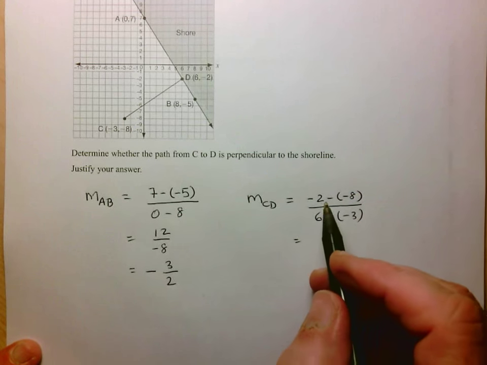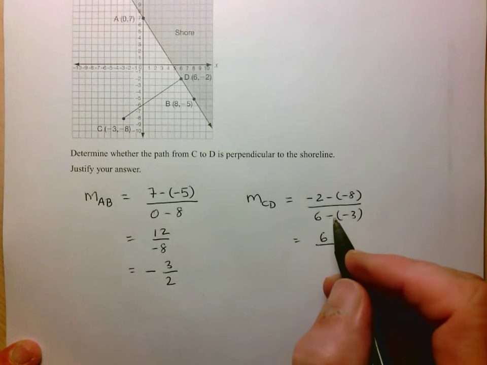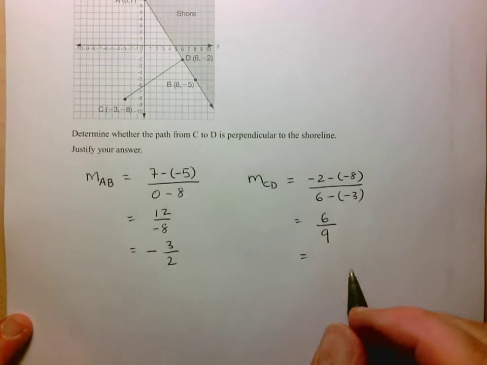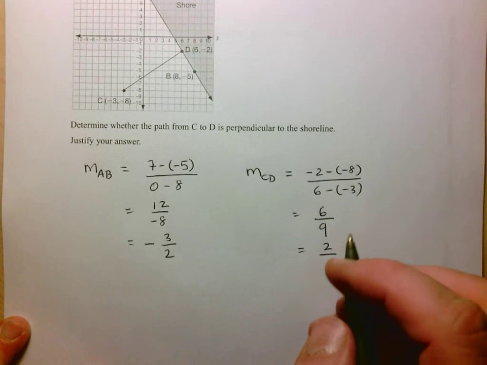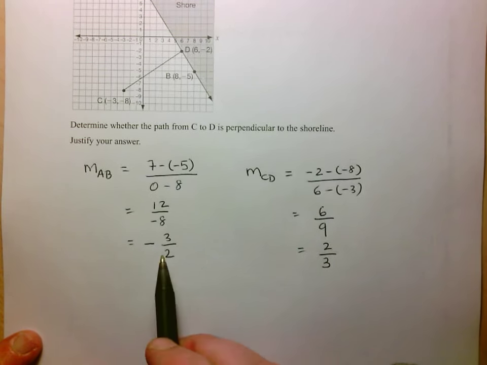So negative 2 plus 8 is going to give me 6, and 6 minus negative 3, 6 plus 3 is 9, and of course these are both divisible by 3, so 6 divided by 3 is 2, and 9 divided by 3 is 3, so 2/3, and I see that they are negative reciprocals of each other.